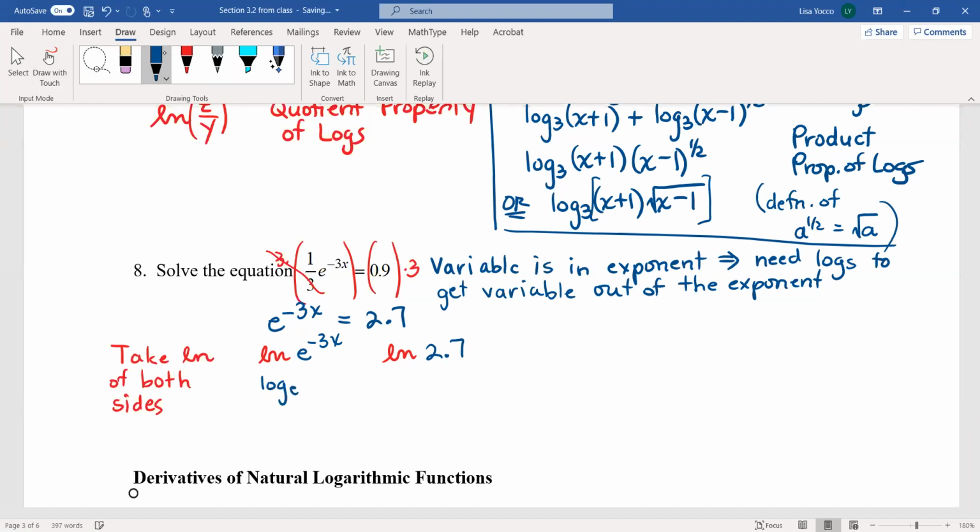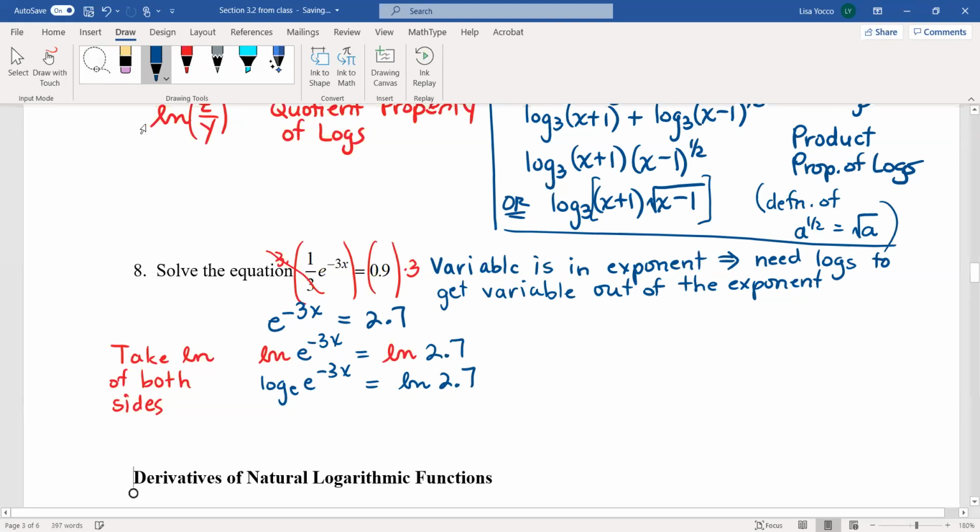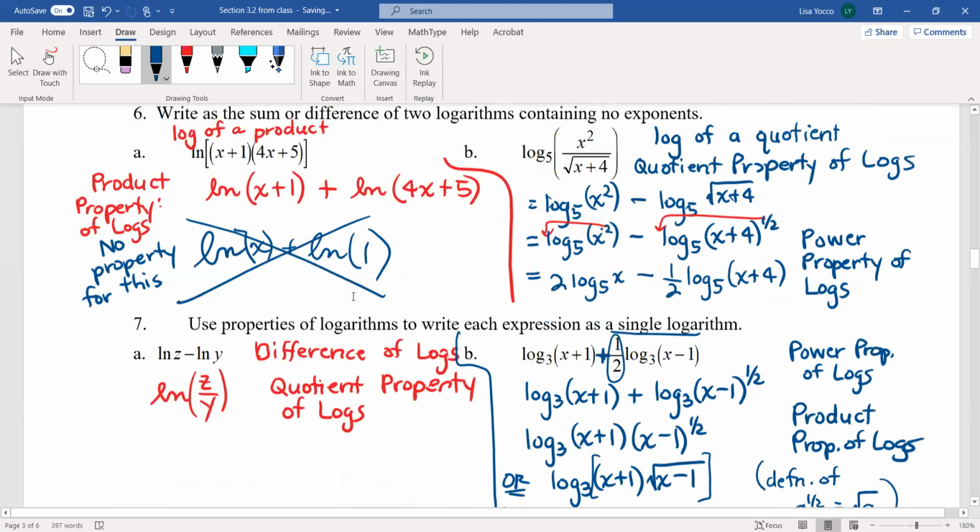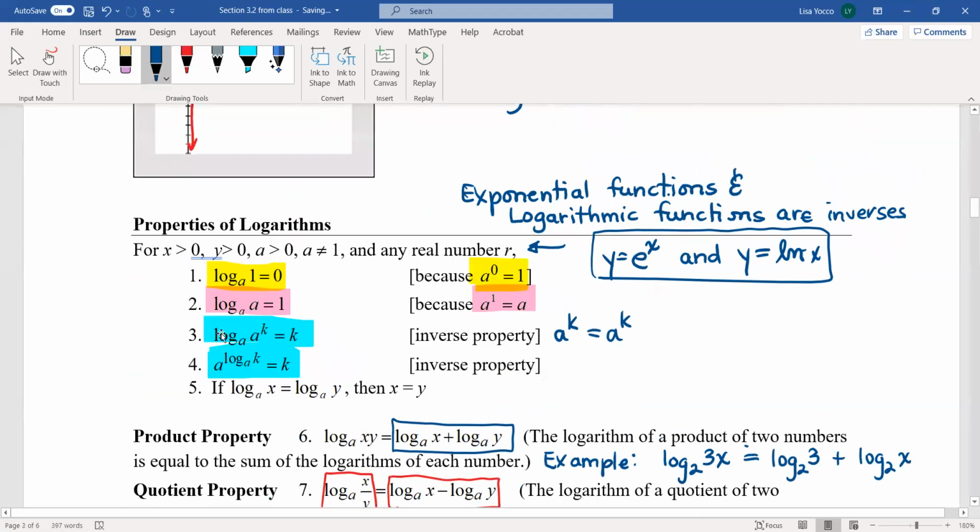The reason this is helpful is, remember that one of the properties, I don't know which number it is, I guess we can find it. It is property 3 up here: when you're taking the logarithm of a to the k, and the logarithm has the base a, so log to the base a of a to the k is just k.